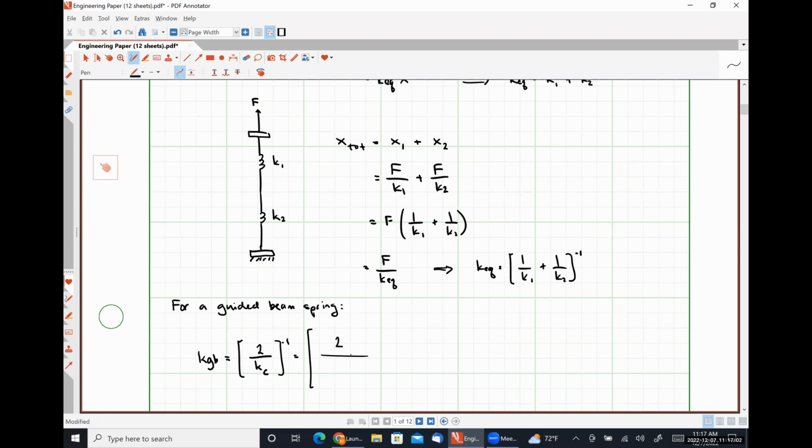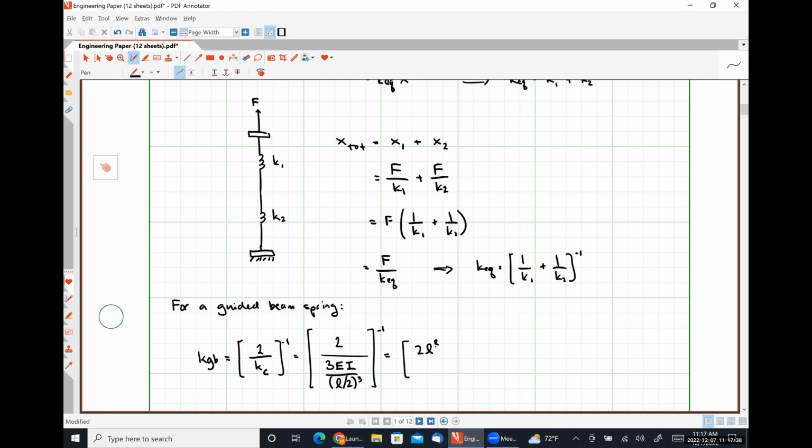So that's going to look like two divided by 3EI divided by the quantity L over 2 cubed, all of this raised to the -1 power. We're taking the reciprocal of it. So doing a little bit of math here. The L on the very bottom, when we cube it, is going to wind up giving us an L cubed in the numerator.